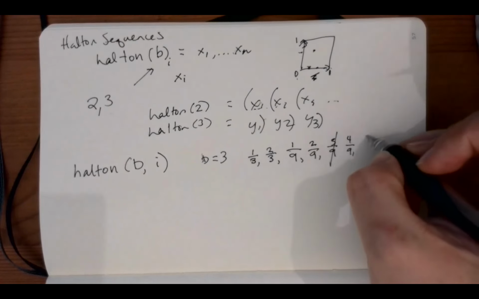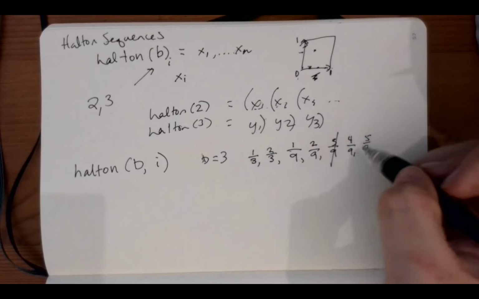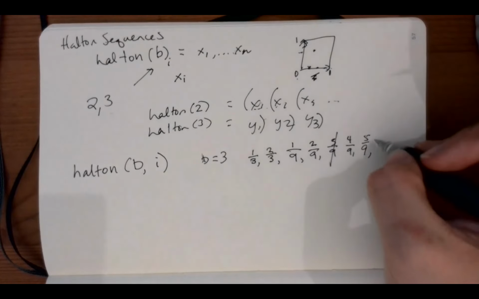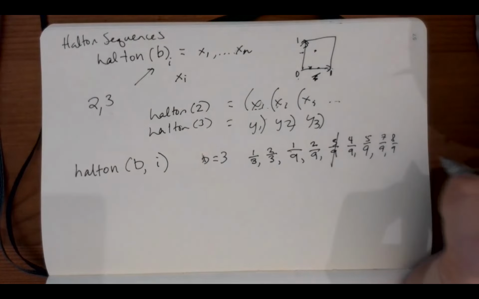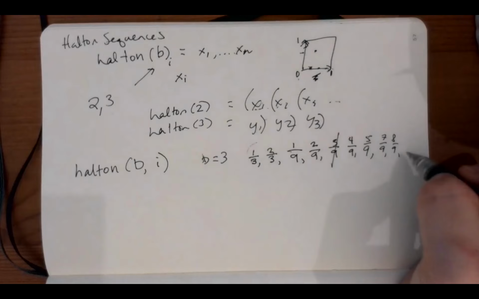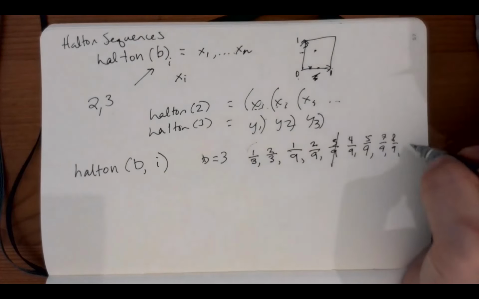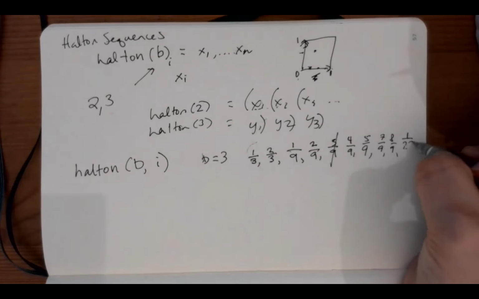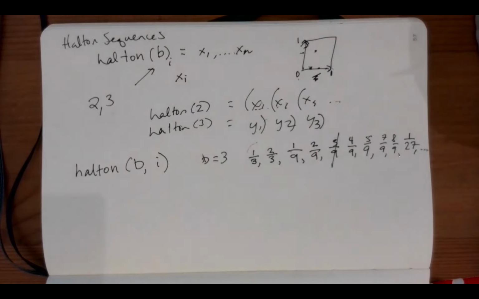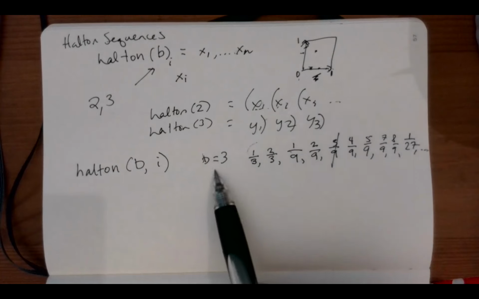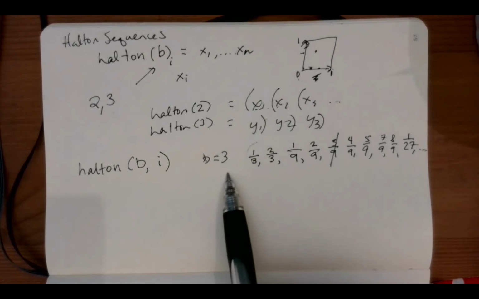Then 4/9, 5/9, 6/9 is the same as 2/3, so 7/9, 8/9, and then 9/9 is 1. Next we again multiply the denominator by the base, so we go to 1/27, which is 3 cubed, and so on. That's how we calculate the Halton sequence for a given base.